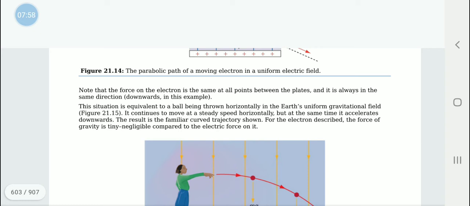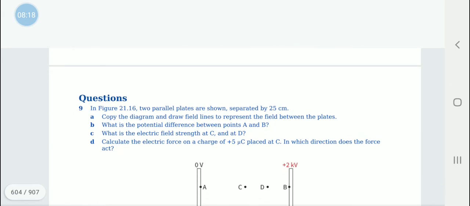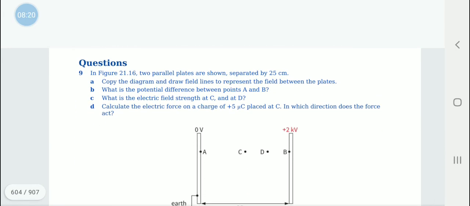When it is thrown horizontally, it will travel in a curved trajectory, just like the electron, because gravitational field strength is also uniform. Right, I hope you understood everything.